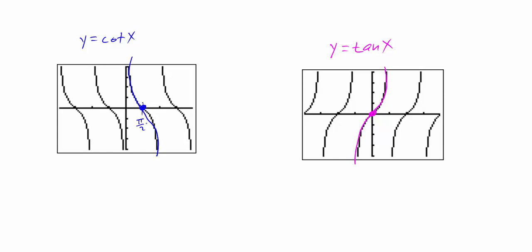Over here, this is pi over 2, this is negative pi over 2, and we're going from basically 0. If we think of this here, we have a vertical asymptote at 0, and we have a vertical asymptote here at pi, okay?